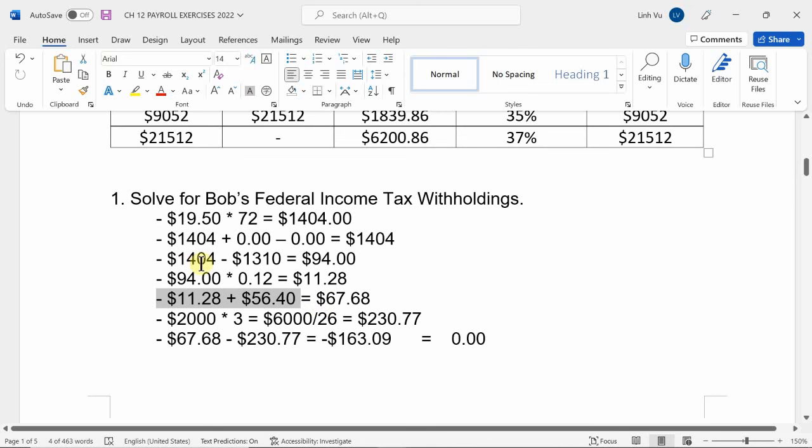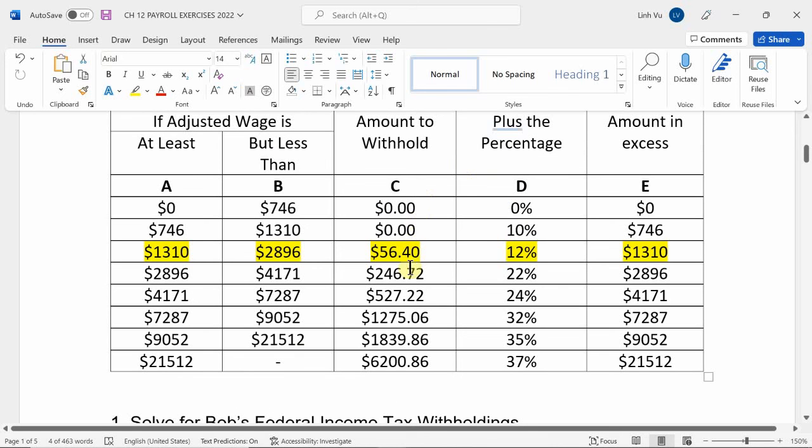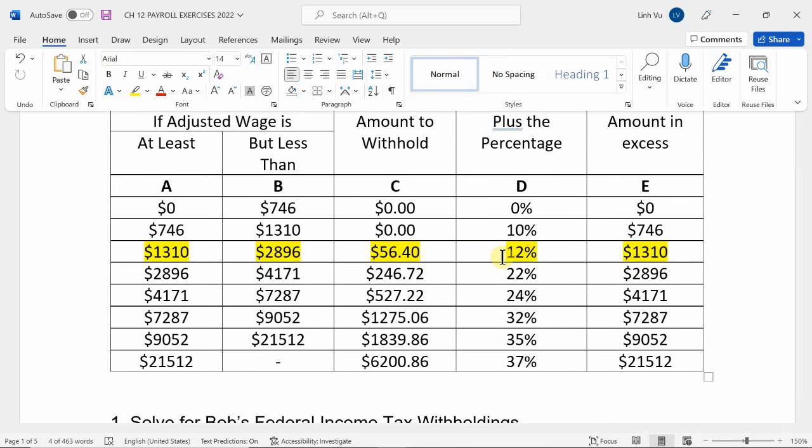So you earned a total of 1440, right? Or 1404. The government lets you keep 1310, no tax. So that means you earned $94 in excess. Because you earned $94 in excess, you are subjected to that 12% extra charge, because you earned more than the threshold that they allow you.